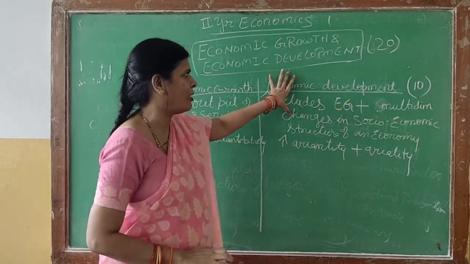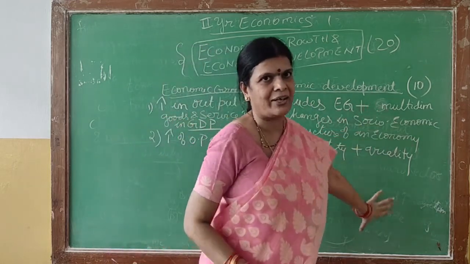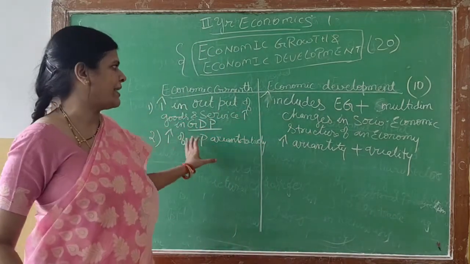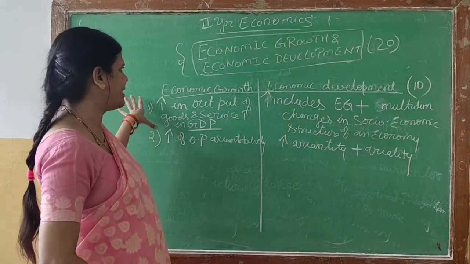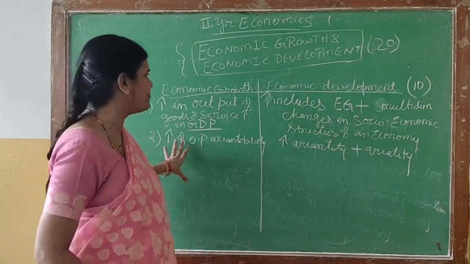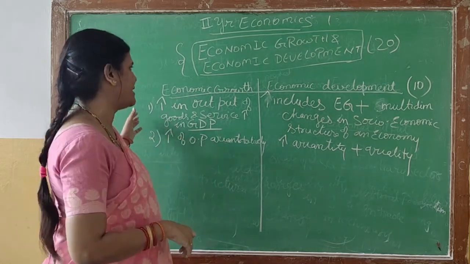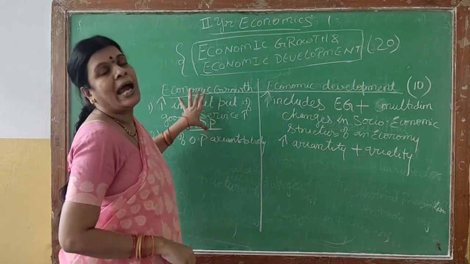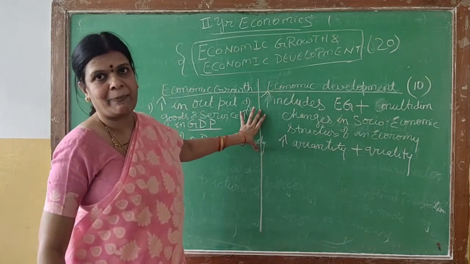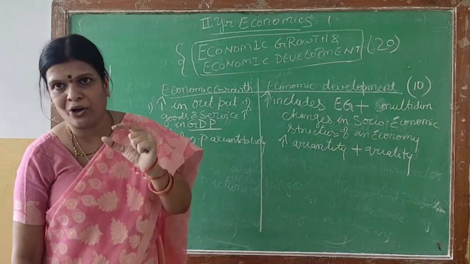The main concept of economic development stresses an increase in quality of life. Say, for example, we say that America is a developed country, India is a developing country. On what basis do we say this? In India, having a car is a luxury, whereas in developed countries like the USA, having a car is essential. That is called standard of living.